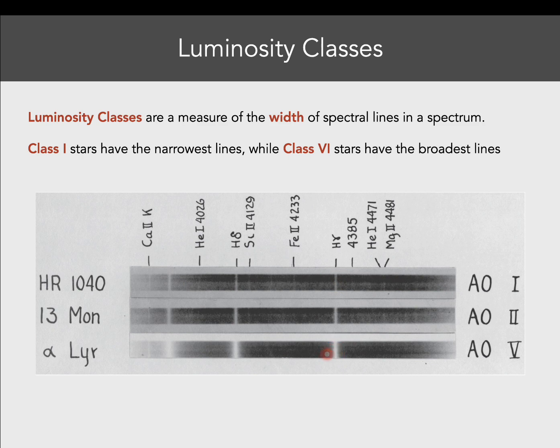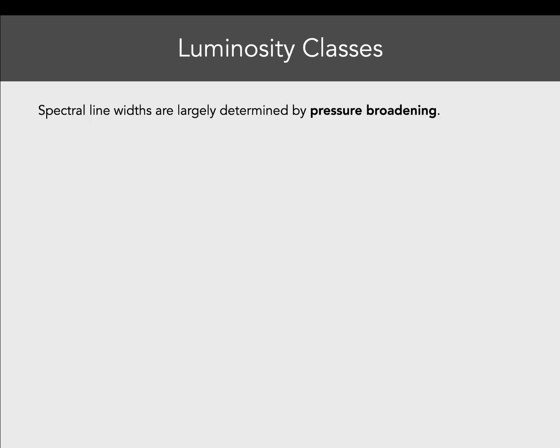So this line is a lot broader than the one at the top. So we define the luminosity class as a measure of the width of the spectral line. Class 1 stars, Roman numeral 1 stars, have the narrowest line. Class 5 stars, or class 6 stars, have the broadest lines. Spectral line widths are largely determined by pressure broadening.